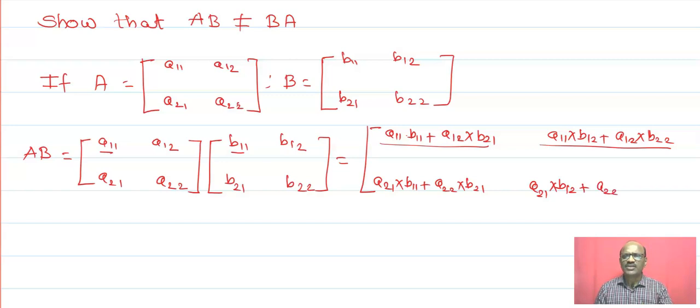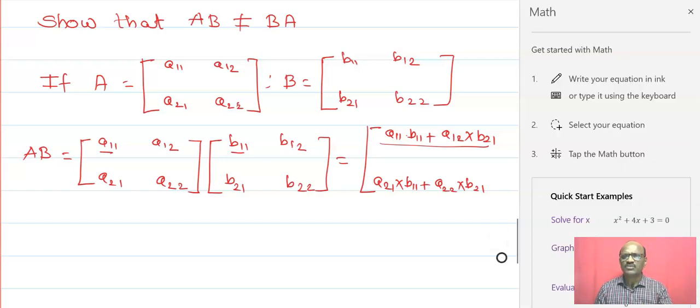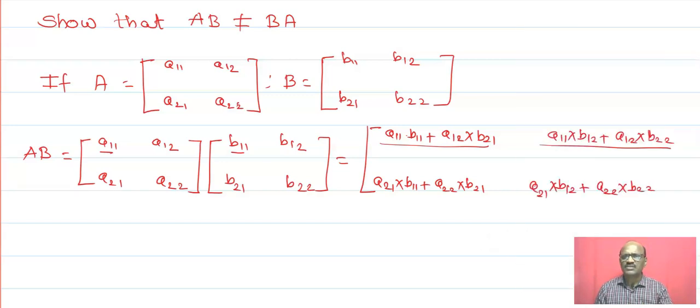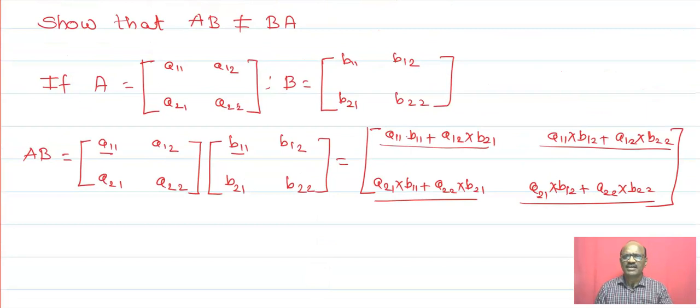Next is A21 into B12 plus A22 into B22. Now see, this is very important: we are taking corresponding multiplication of the numbers. First row, first column, that will be the first element. First row, second column, that will be the second element. Second row, first column, that will be the third element of that matrix.